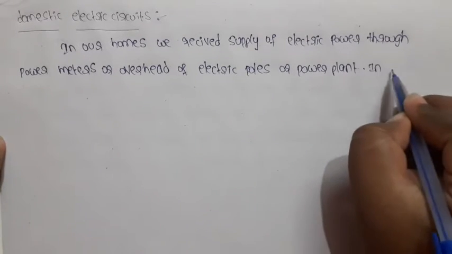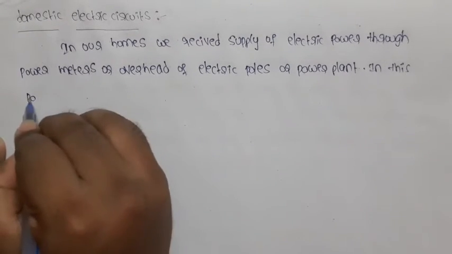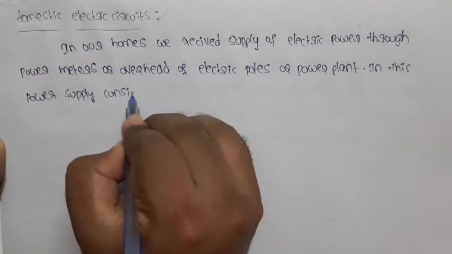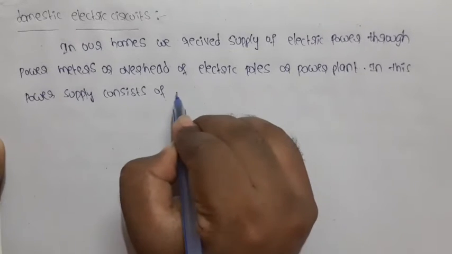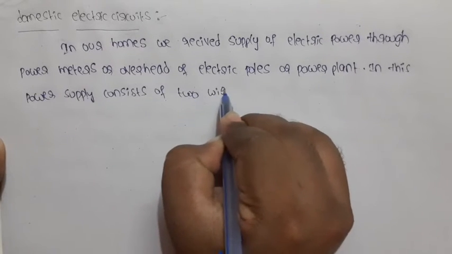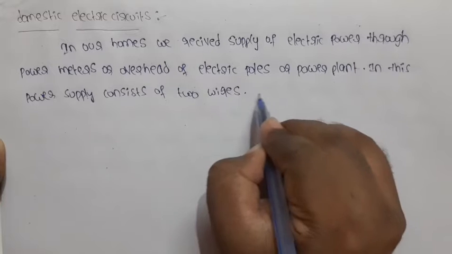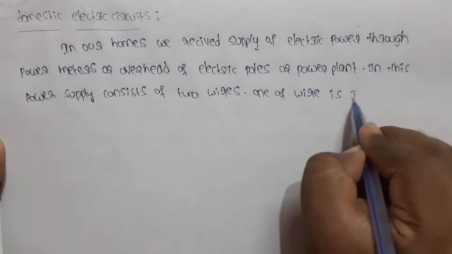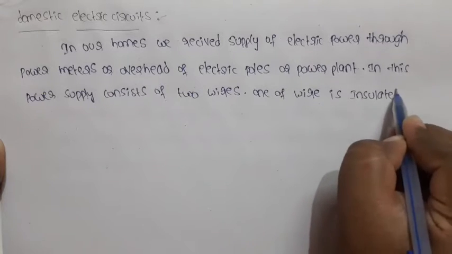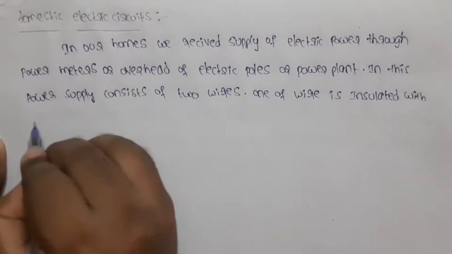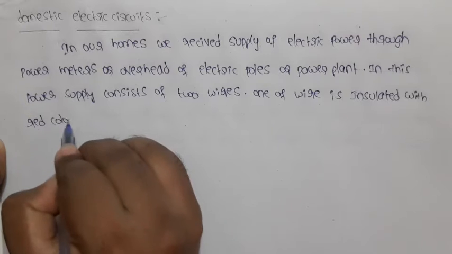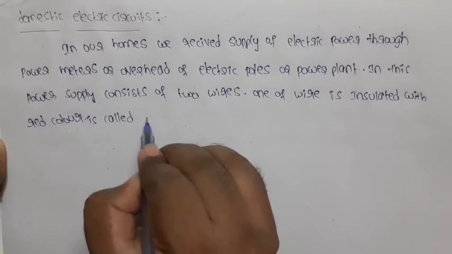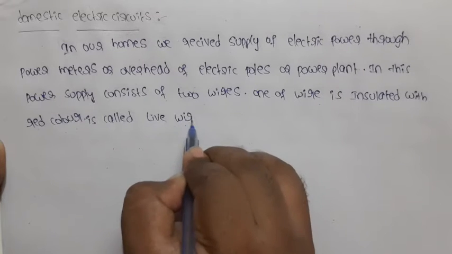This power supply consists of two wires. One of the wires is insulated, meaning the copper wire is surrounded by a red colored coating, and that is called the live wire.